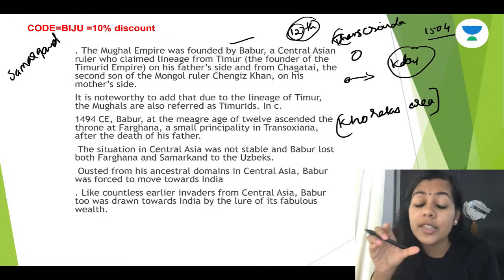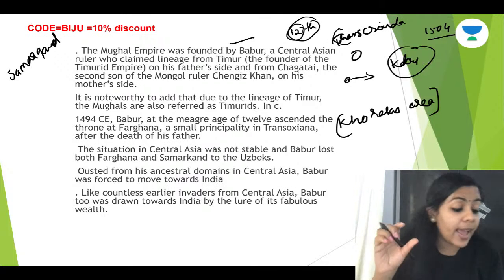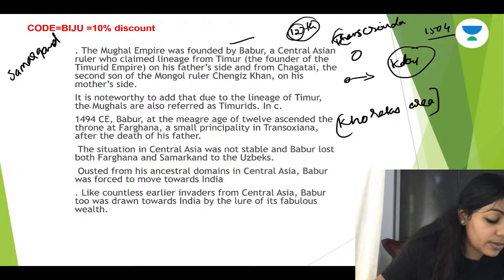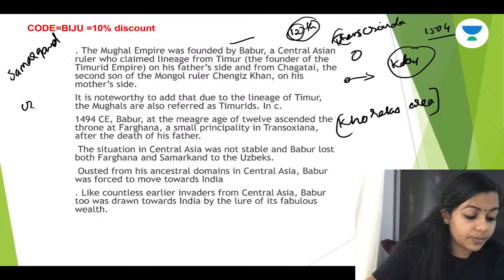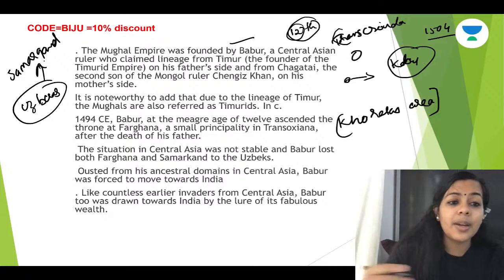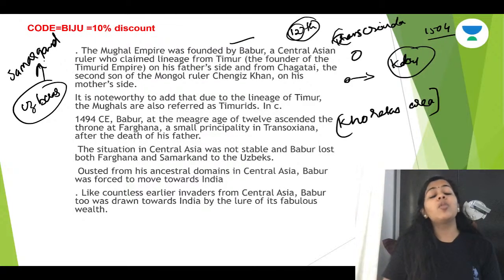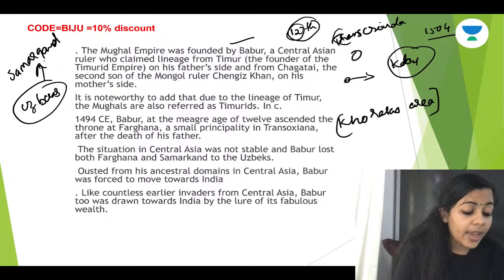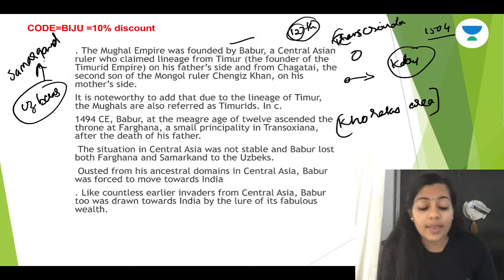He used this political instability, with the help of Iran, and conquered Samarkand. But the Uzbeks once again recovered Samarkand, and finally Babur once again lost everything. He had nothing right now and returned to Kabul once again.